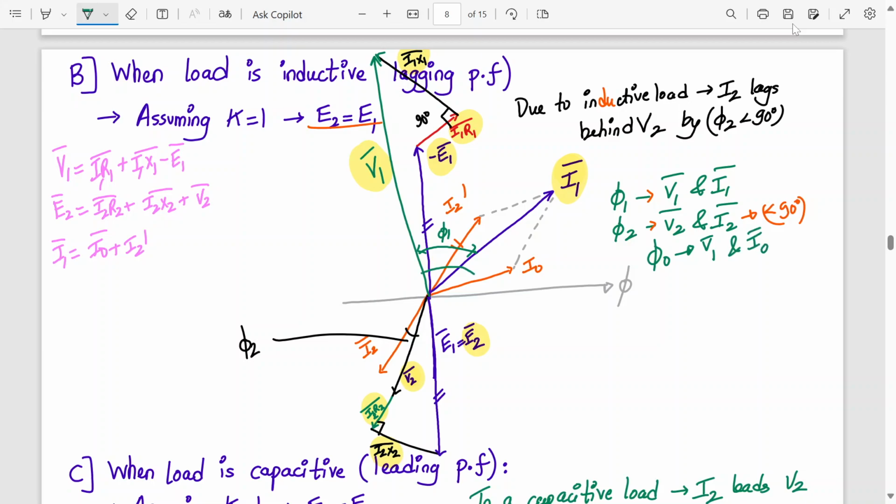Here, this will be phi naught. Okay, so phi 1, phi naught, and phi 2 we have drawn, and we have also drawn E1, E2, V2, I2 R2, I2 X2, I1 R1, I1 X1, and V1. Understood?